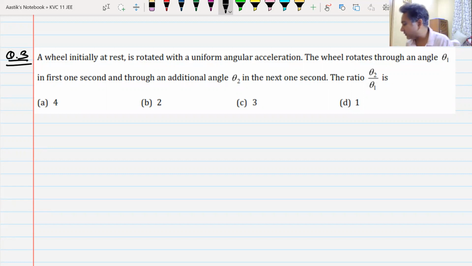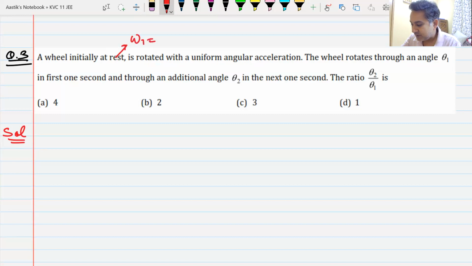Okay, so how are you supposed to do this? Answer is C, sir. The wheel initially starts from rest, so the value of omega 1 is 0. Uniform angular acceleration. It rotates to an angle theta 1 in the first second.